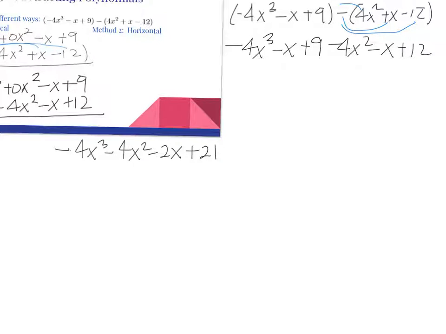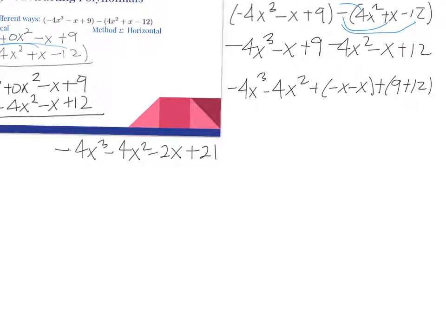And now I'm going to put the terms that have the same powers together, which I don't have another cubed, so I won't put that together with another cubed, and I don't have another square, but I do have a negative x and a negative x, and I have a 9, which is a constant, and a 12, which is a constant.